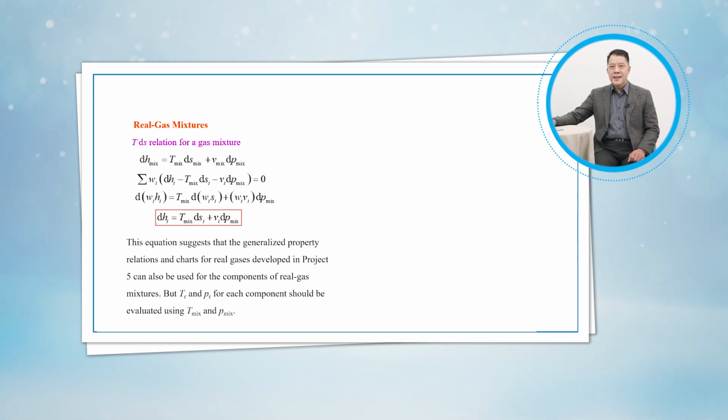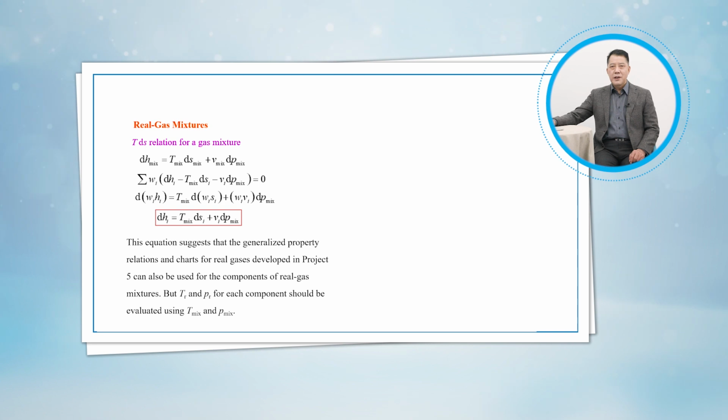This equation suggests that the generalized property relations and charts for real gases developed in Project 5 can also be used for the components of real gas mixtures, but Tr and Pr for each component should be evaluated using T-mix and P-mix.